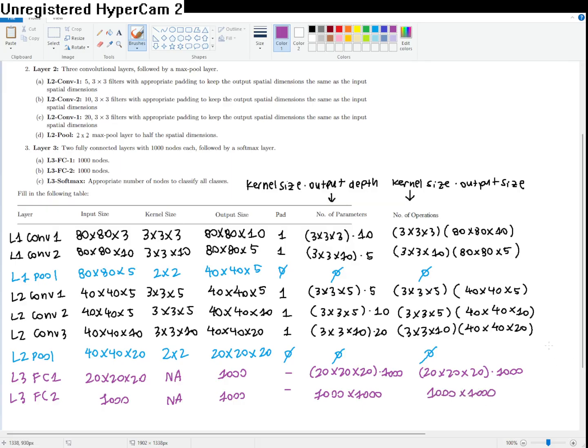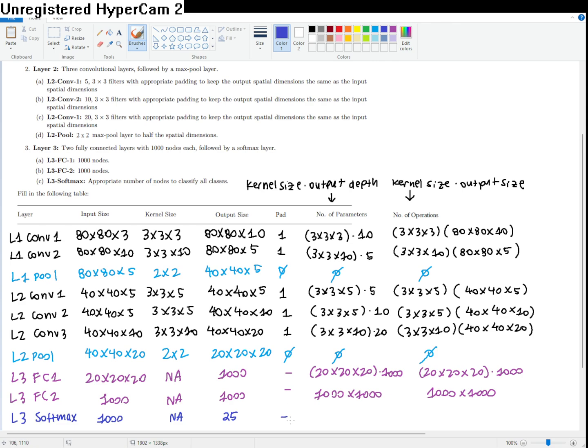And then finally, we're going to have a softmax. I'm going to make this dark blue like I said. So softmax is going to have 1,000 as the input, not applicable for the kernel. And we have 25 classes, so we're going to have 25 outputs. Nothing for the padding.